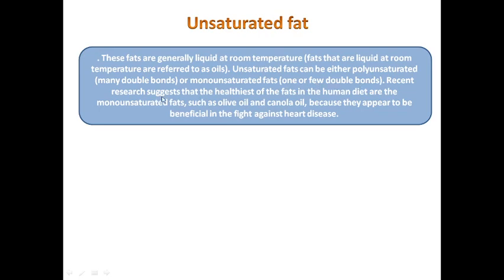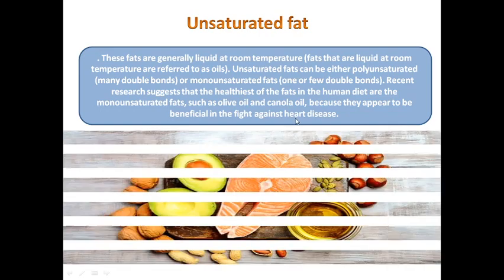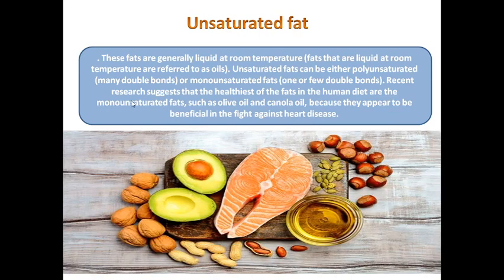Recent research studies have suggested that the healthiest of all the fats in the human diet are the monounsaturated fats, such as olive oil and canola oil, because they appear to be beneficial in fighting heart diseases. So they tend to be liquid at room temperature. We can also call them oils. We'll be studying these later on.